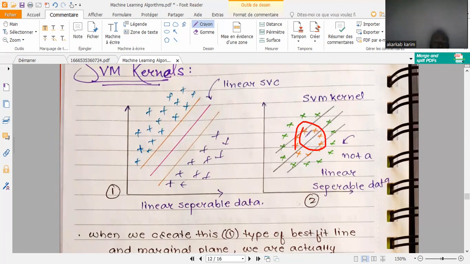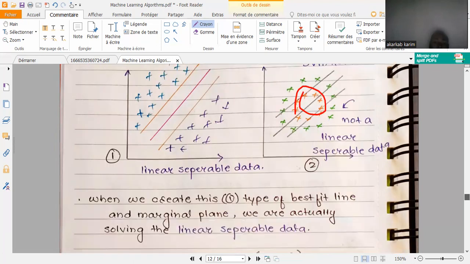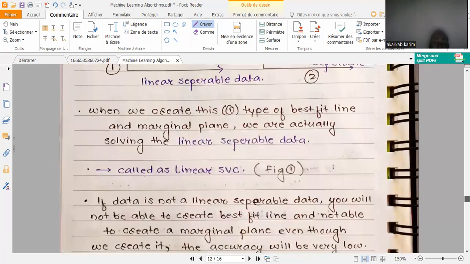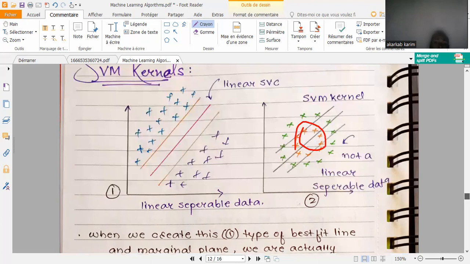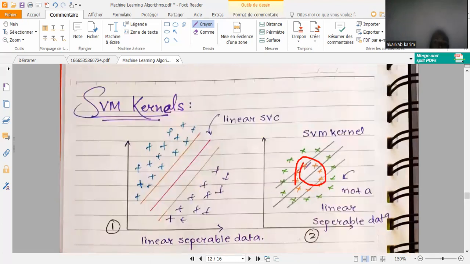We have a circle here, and two separate clusters. When we create this basic line and marginal line, we are solving linearly separable data. When the data is linearly separable, we can use just a simple support vector machine like in this case.